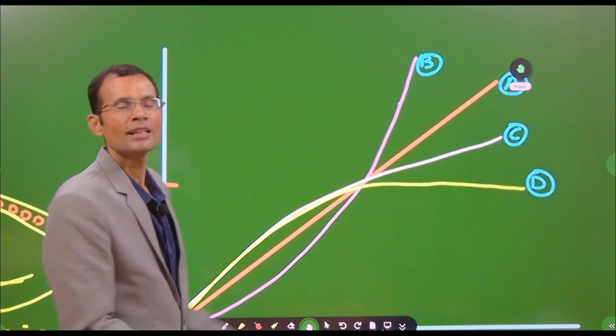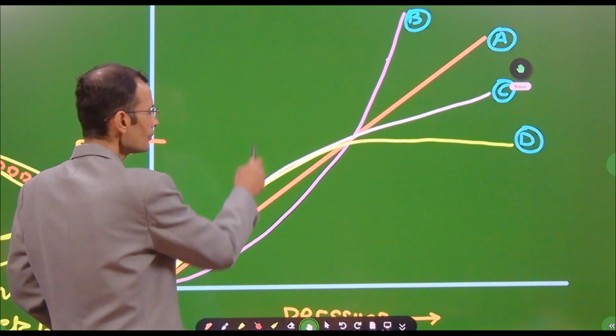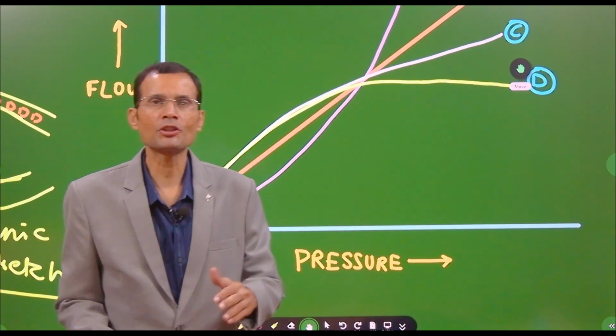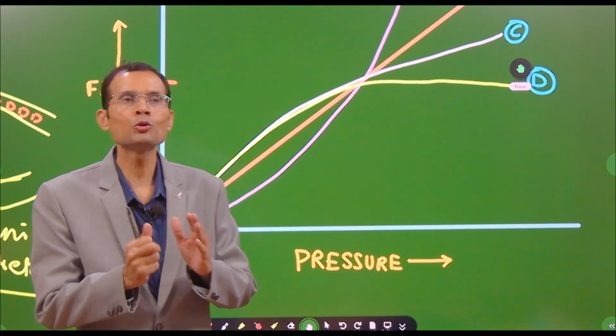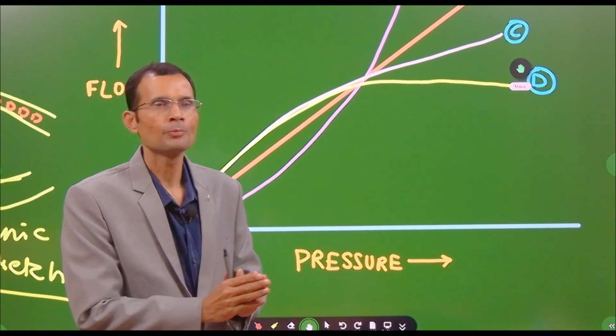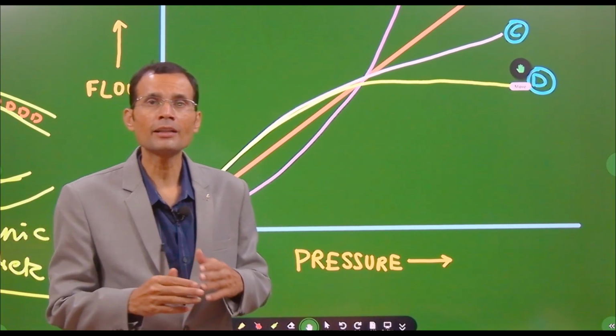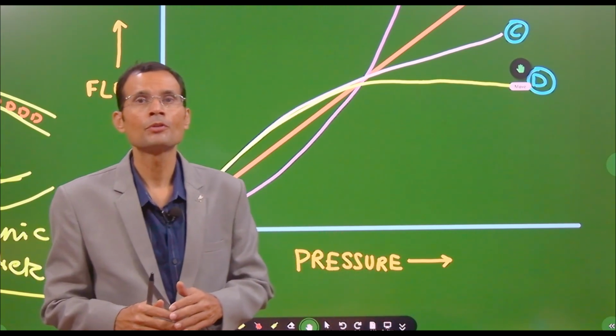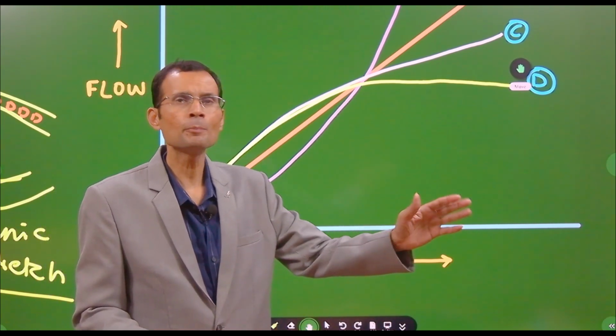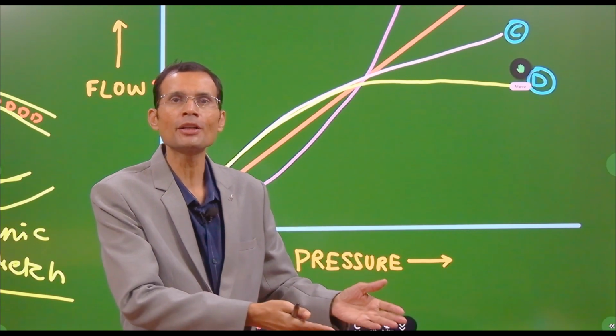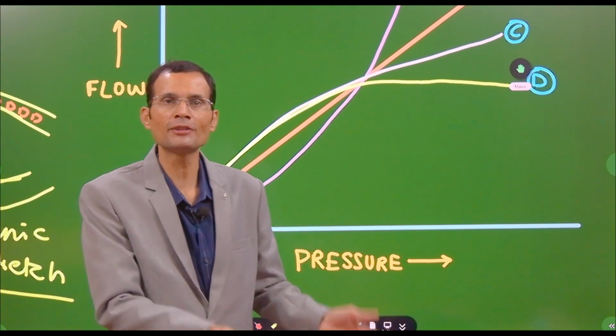Why is that? Let's understand the graph now. First of all, it is the pressure flow relationship through a narrow tube. So it could be a blood vessel, it could be an atherosclerosed blood vessel, it could be a simple narrow tube outside the body which is following the principles of physics.